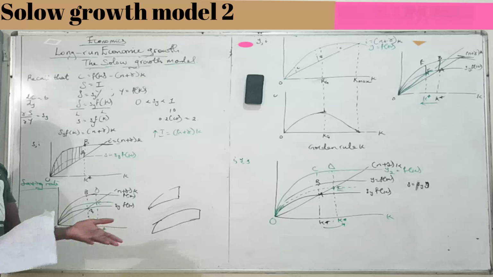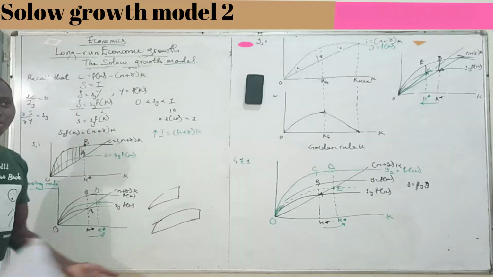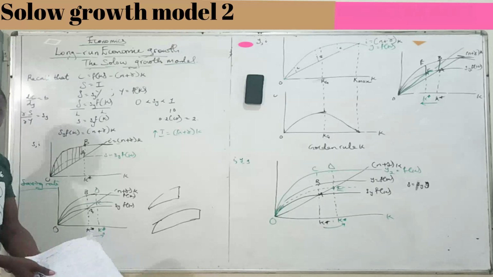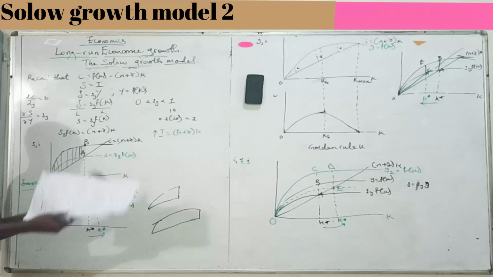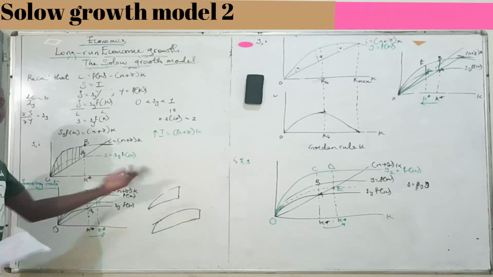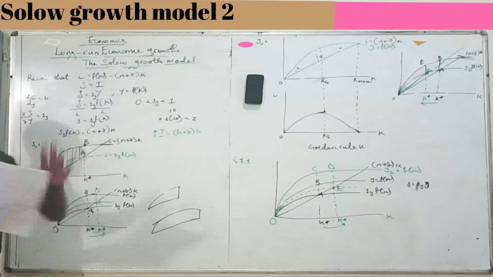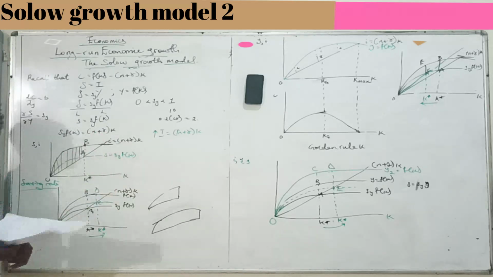So if you had 3 workers before, and now you have 4 workers, is total output not supposed to increase? So why should the addition of a worker lead to something that reduces the standard of living of others, or the standard of living of everybody, generally? So that's another criticism. Just study and bring up 5 criticisms of the Solow model.